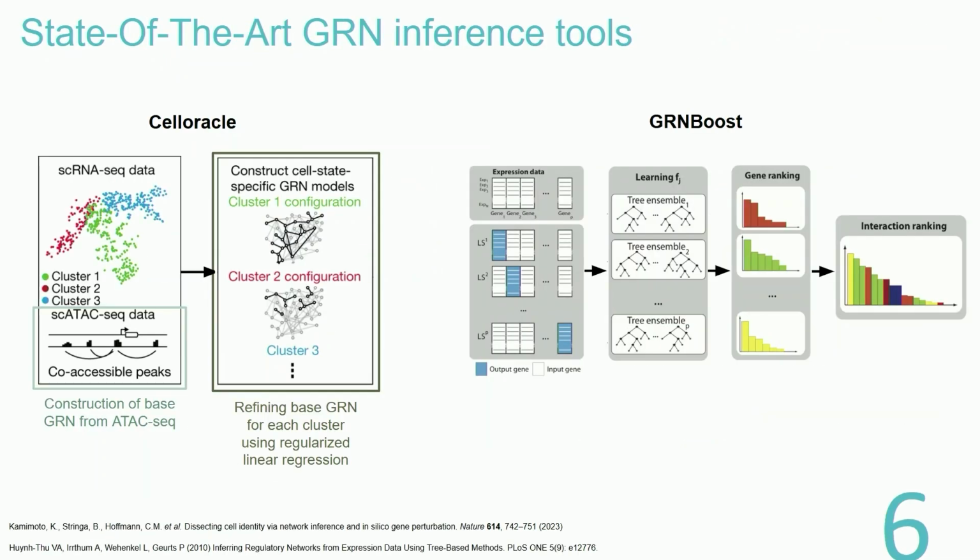So to start off, some of the state-of-the-art GRN inference tools that we'll be using are CellOracle and GRNBoost. CellOracle is a linear model which prunes existing prior regulatory networks into something that's more dataset specific. And GRNBoost is an ensemble method that tries to figure out the importance of a set of genes in regulating the expression values of another gene.